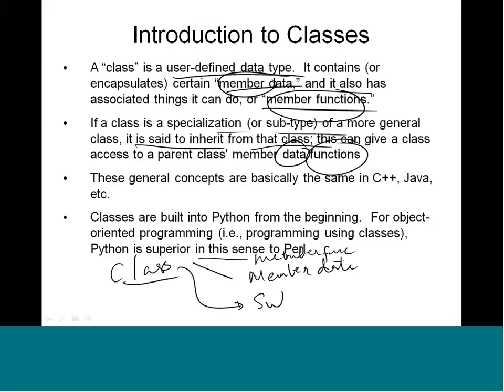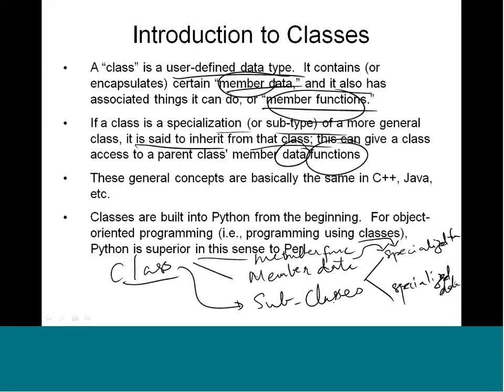Now a class can also have what are called subclasses, which are nothing but specialized classes, and these subclasses can inherit the member functions and member data, plus their own specialized functions and specialized data.